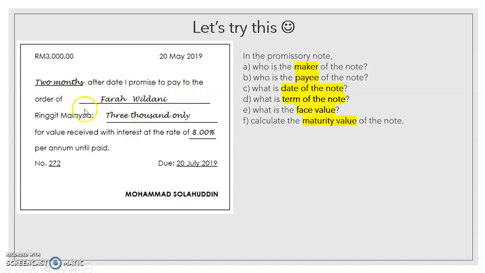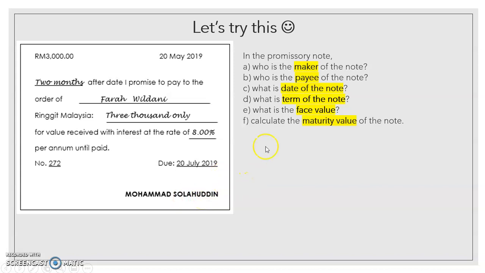I promise to pay to the order of Farah Wildani, Ringgit Malaysia 3,000 only, for value received with interest at the rate of 8% per annum until paid. Number 272, and due, which is 2 months from 20th May, June, July, so it's going to be due on 20th July 2019. Signed by Muhammad Solahuddin.